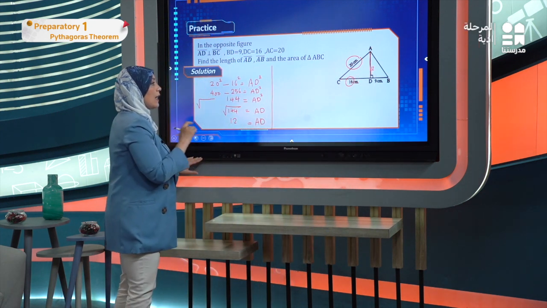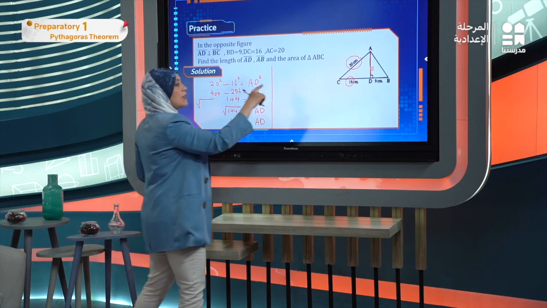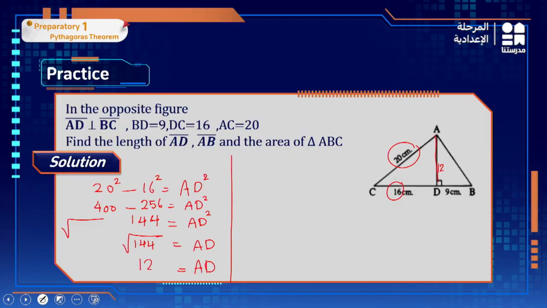Now, how can we find the area of the triangle ABC? To find it, we need to find this one here. The area equals half base times height. What is the base? The base and the height, they are perpendicular to each other.